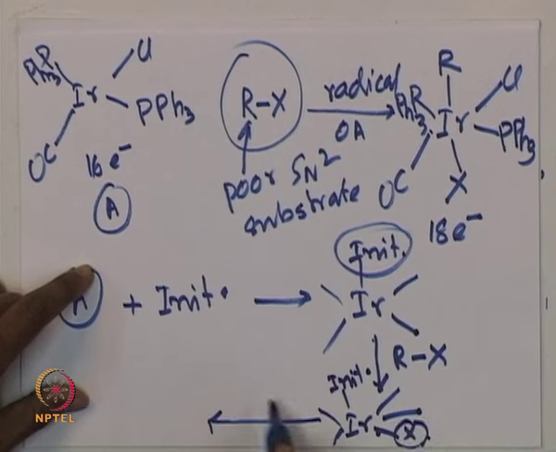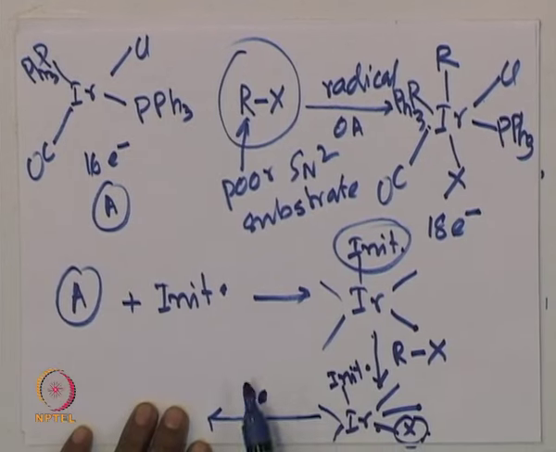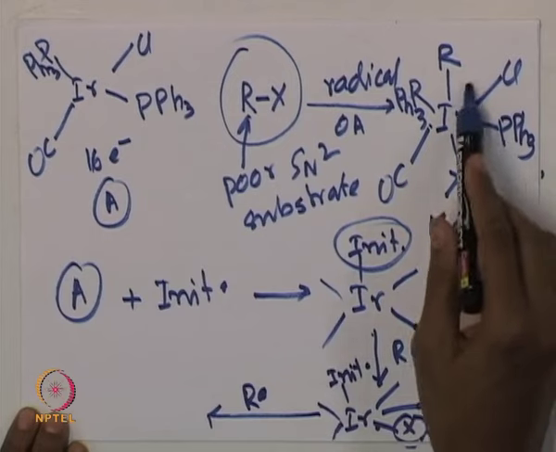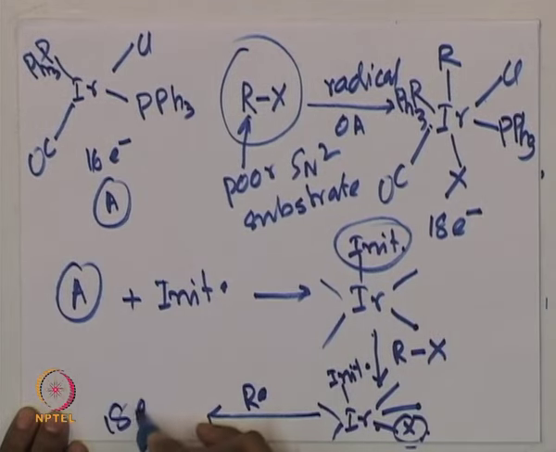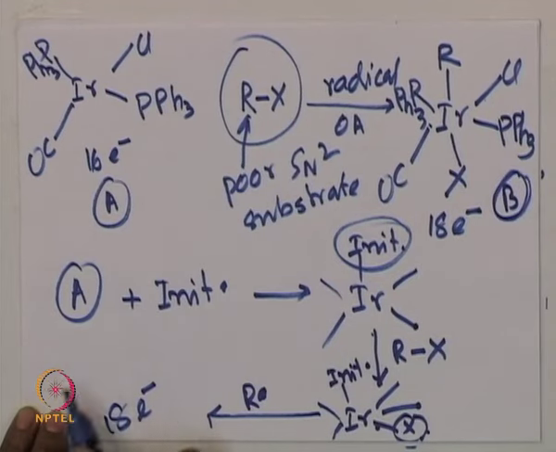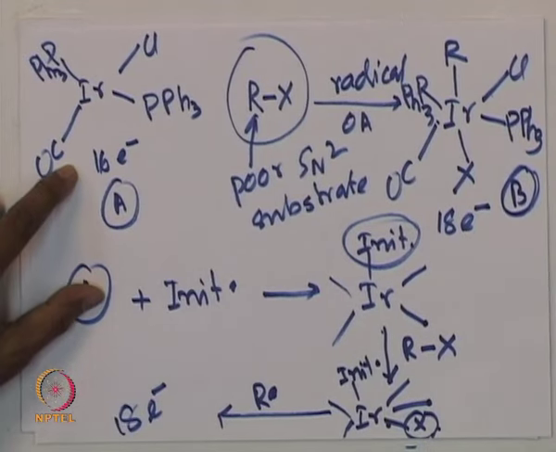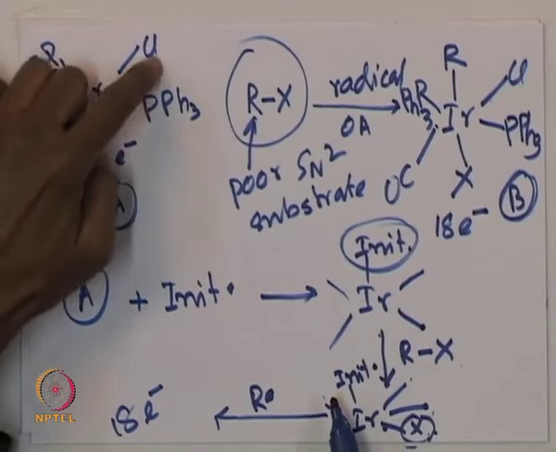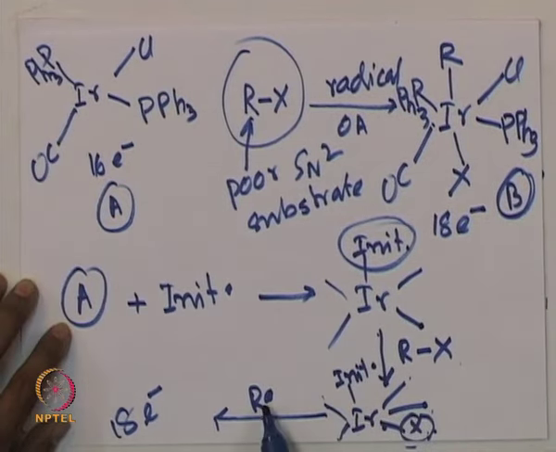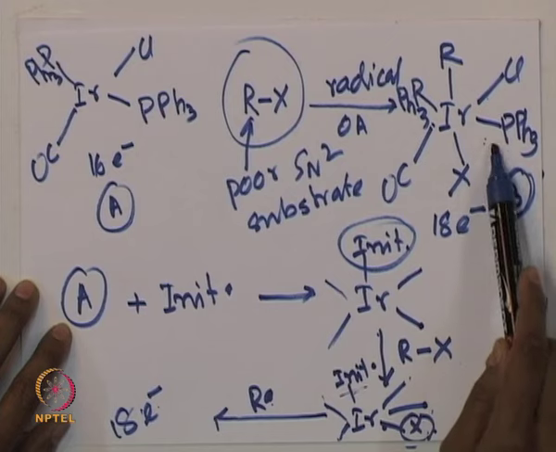So, the X is here, R dot is there, and R dot will replace the initiator to give you the final 18 electron complex, let us say this complex B. So, what we have seen is that A is binding with the initiator to give you an iridium initiator complex, from where RX will be combined to give you the initiator X complex, the other four coordination remains exactly the same, and then the R dot will replace the initiator to give you the 18 electron final species.